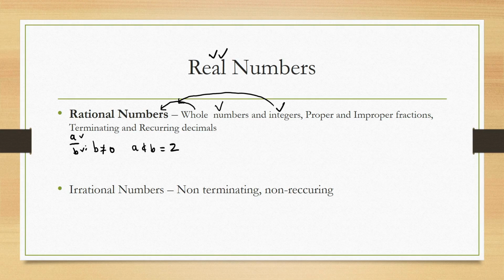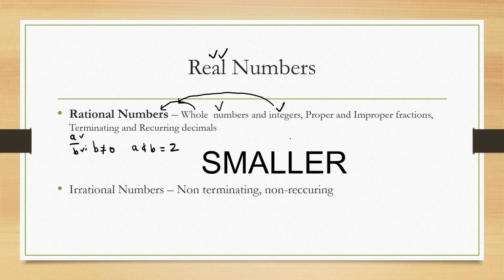Now let me explain what proper and improper fractions are, because I think you guys know what whole numbers are. You also know what integers are. We did explain them earlier on. So a proper fraction is whereby your numerator is smaller than your denominator.